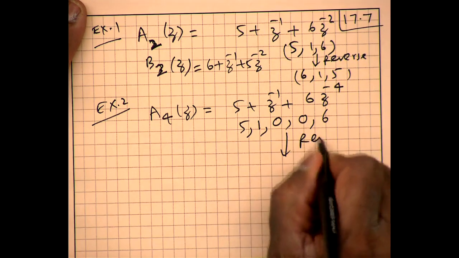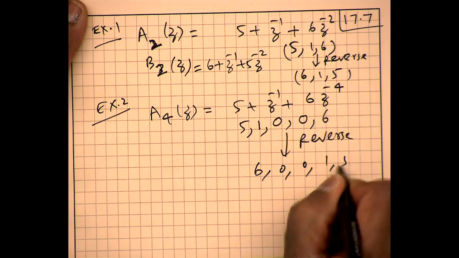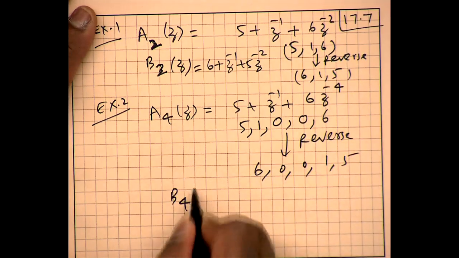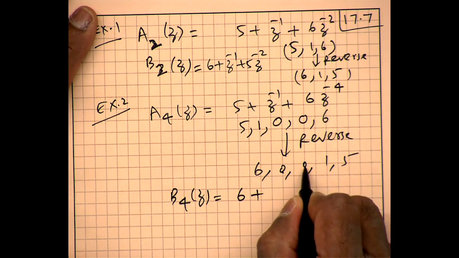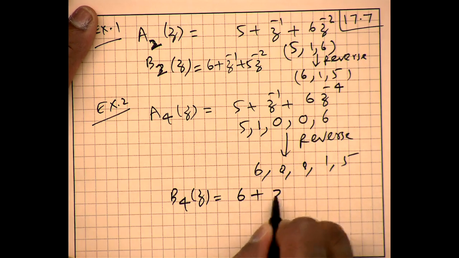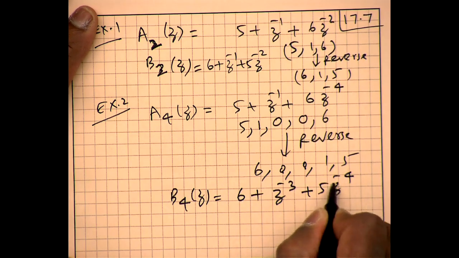Then you reverse these coefficients, then we get 6, 0, 0, 1, 5. So B4 is going to be 6 plus 0 z to power minus 1 plus 0 z to power minus 2 plus 1 z to power minus 3 plus 5z to power minus 4.